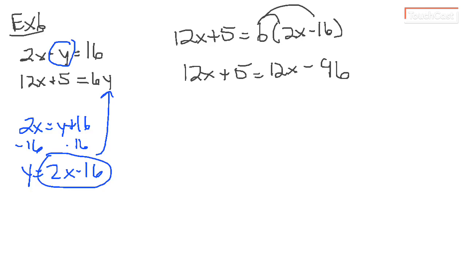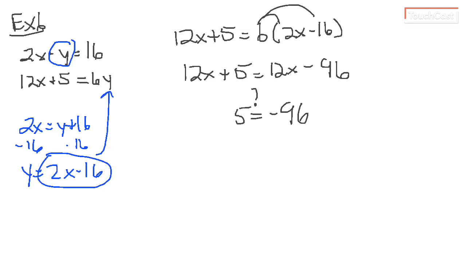So now we solve this for x. We can subtract 12x on both sides. We're going to get 5 equals negative 96. And my question is, can this ever happen? No, 5 can never equal negative 96.